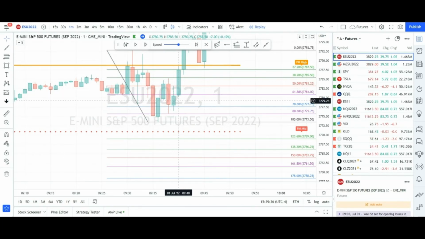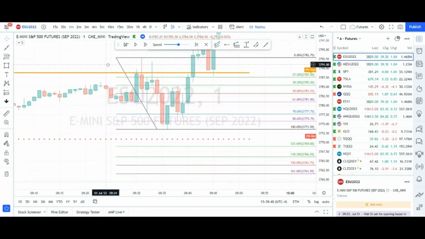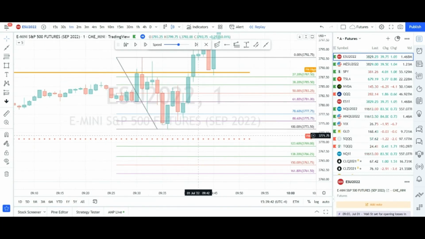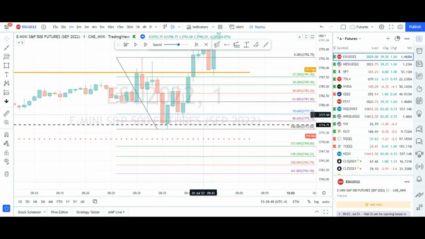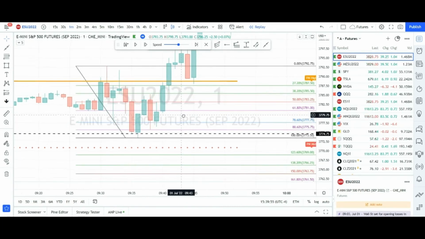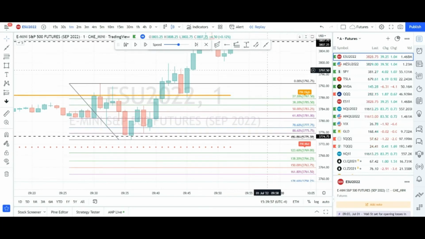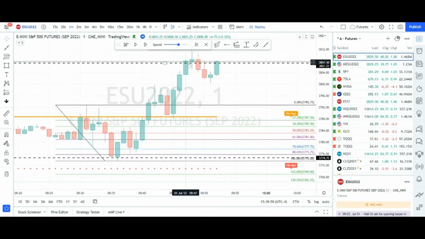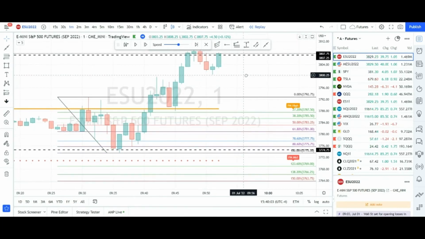If the price is reversing, I know where my target is. If the price is reversing here, I know my loss. So before entering the trade, I have decided what I can lose in this trade. Before entering the trade, I know what my maximum profit can be from this trade.